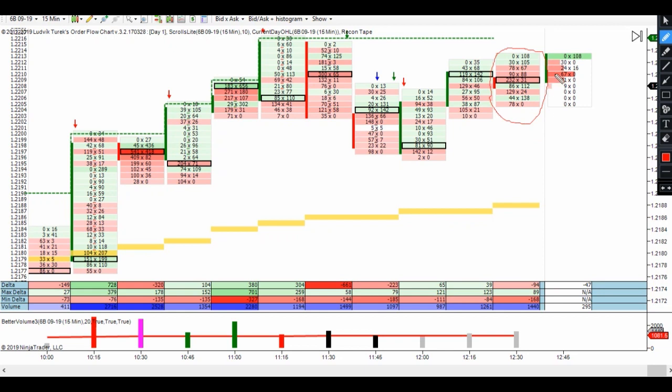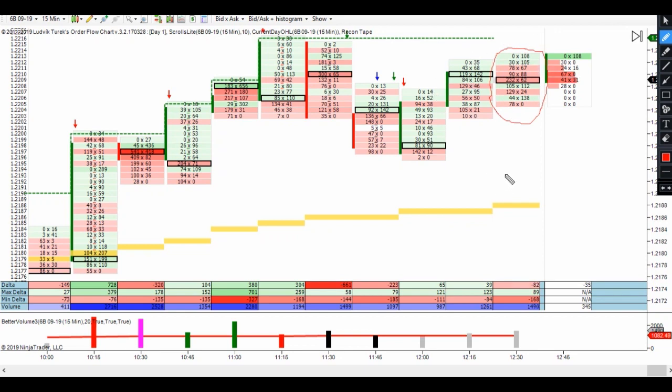Right now what we see is buyers buying late. We have 167, 105, and 108 contracts, so lots buying late into the move, and then price just stays there and reverses. But as I say, this is not yet confirmed until the bar closes.